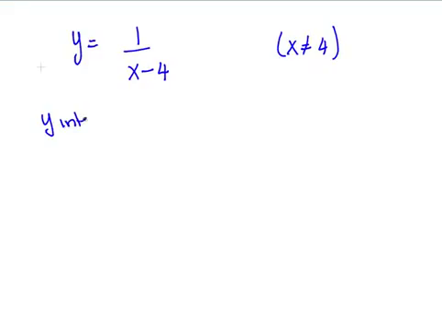So let's just write this out again. y equals 1 over x minus 4, and again, x can't equal 4 in this scenario. The y-intercept: you let x equal 0.